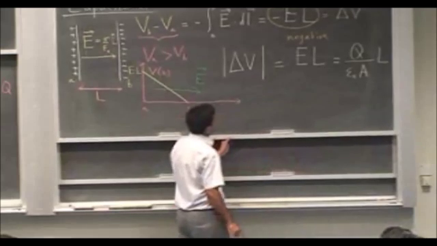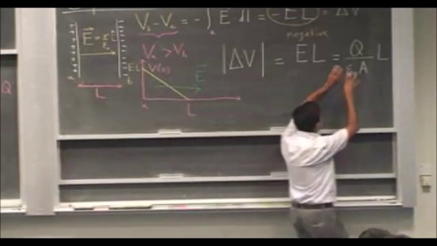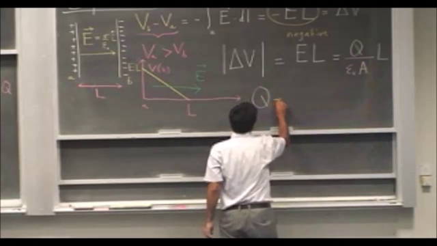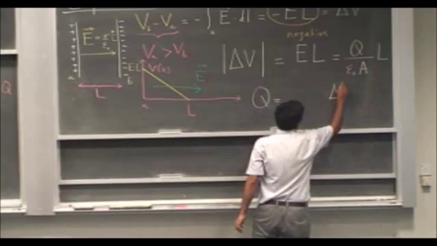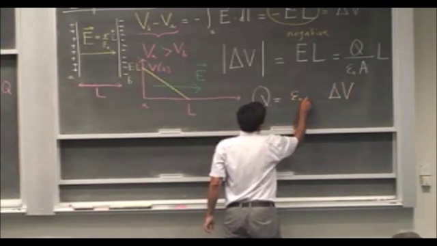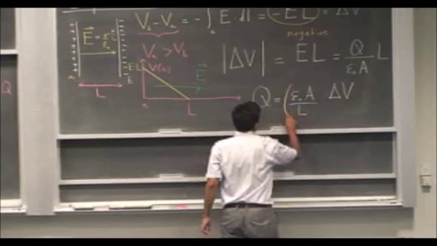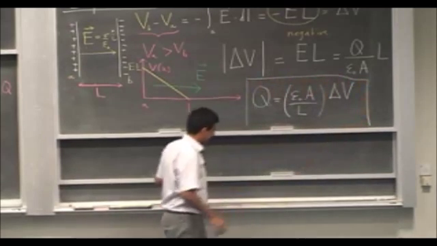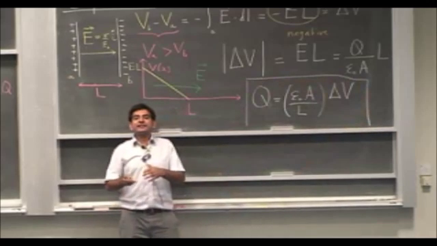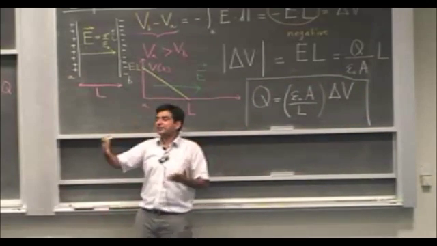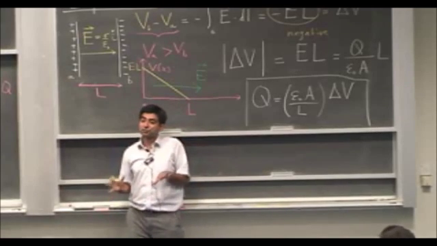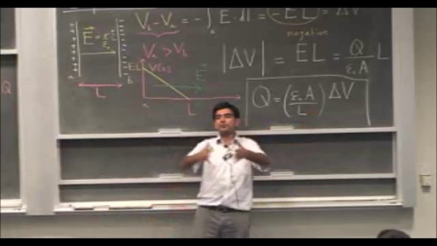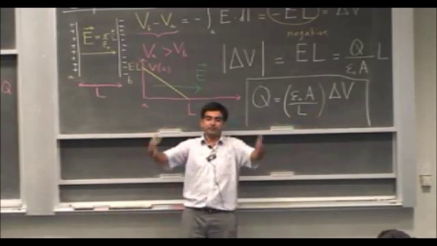Now if I take Q as the subject of this equation, I can write Q equals delta V into epsilon naught A over L. Which shows that there is a direct proportionality between the charge stored on either of the plates. Either of the plates stores the same amount of charge. One is positive, the other is negative. And it's proportional to the potential difference that has been applied between these plates.